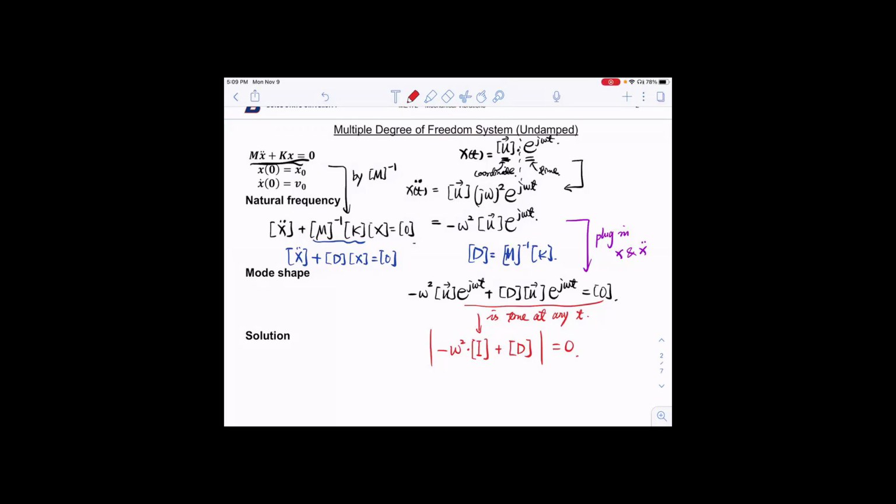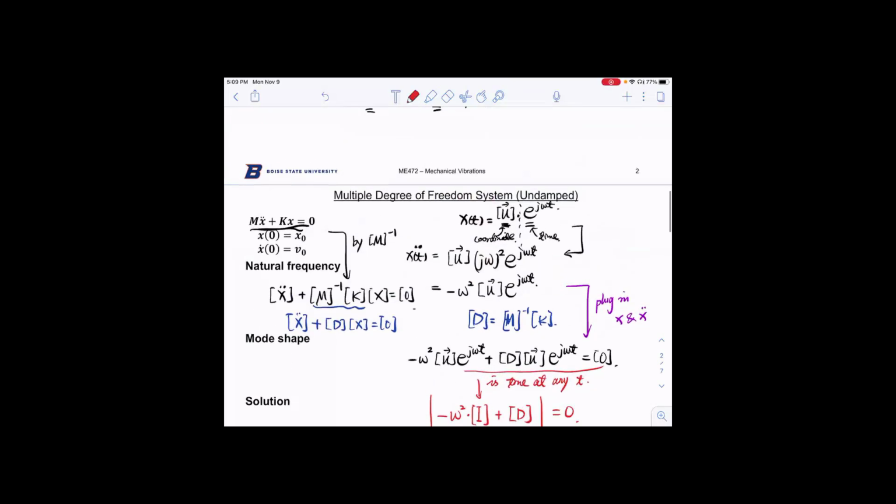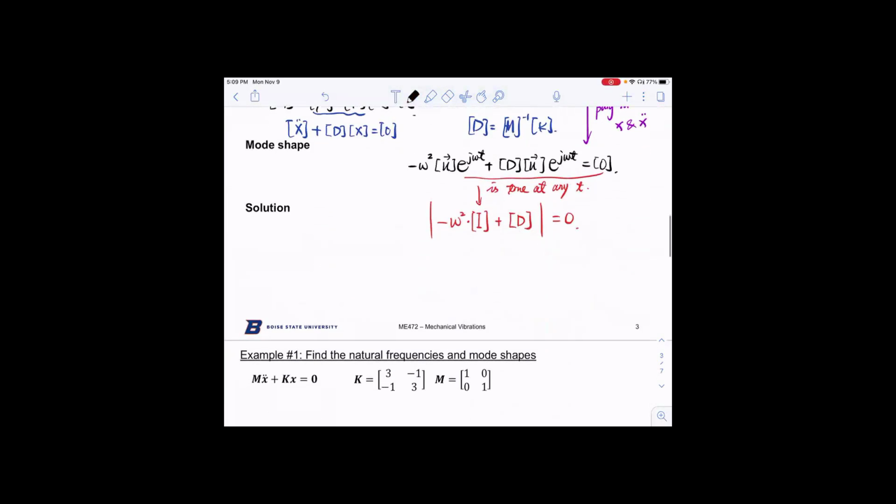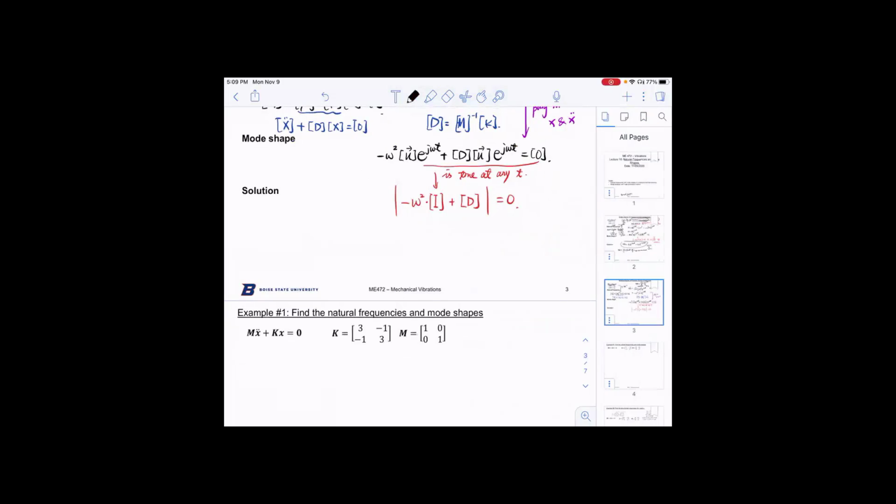If you don't understand this, then we have to go back to linear algebra a little bit.